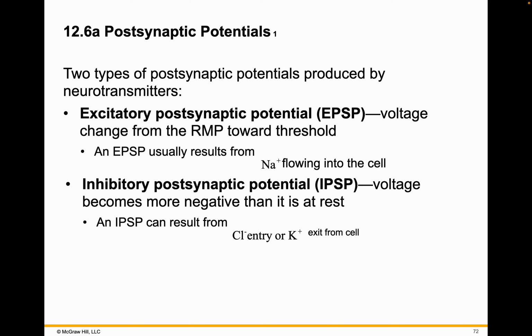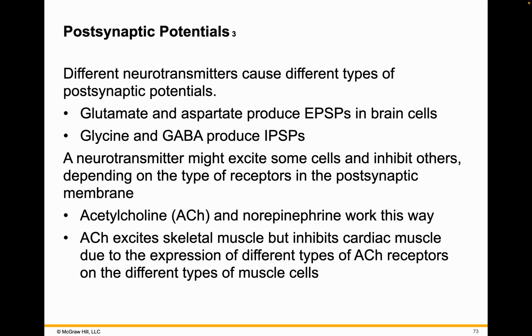There are two types of postsynaptic potentials produced by neurotransmitters: excitatory postsynaptic potentials and inhibitory postsynaptic potentials. Different neurotransmitters cause different types of postsynaptic potentials. Glutamate and aspartate produce excitatory. Glycine and GABA produce inhibitory.